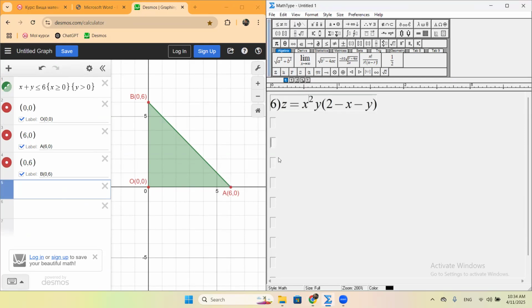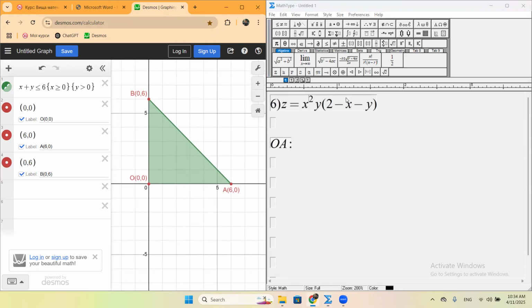So what about the segment OA? At this segment, the value of y equals 0, so z equals 0 as well.